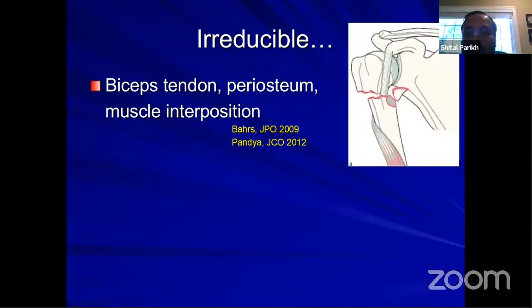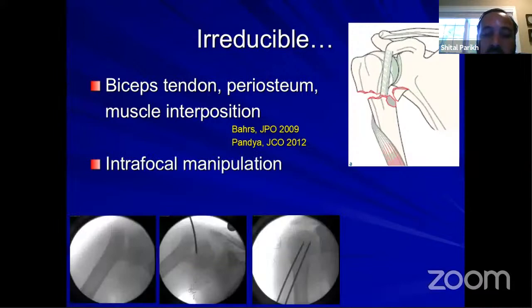If the fracture is irreducible, there is frequently some interposition. Biceps tendon could be interposed, or it could be the muscle or periosteum interposed. One thing you can do is intrafocal. This is one of my patients. Just like you use intrafocal in other areas, you can use a blunt instrument to do manipulation around the fracture site, get it to reduce, and then pin it.